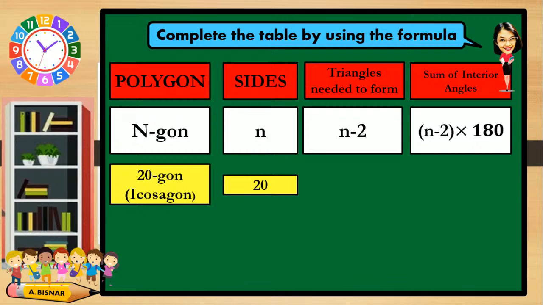You will type how many triangles are needed and then the sum.